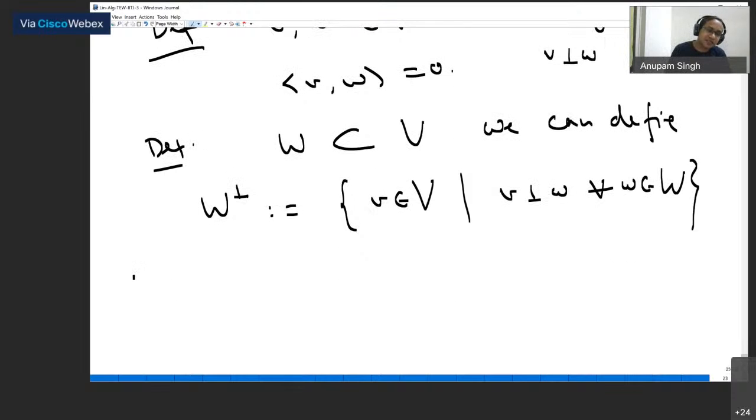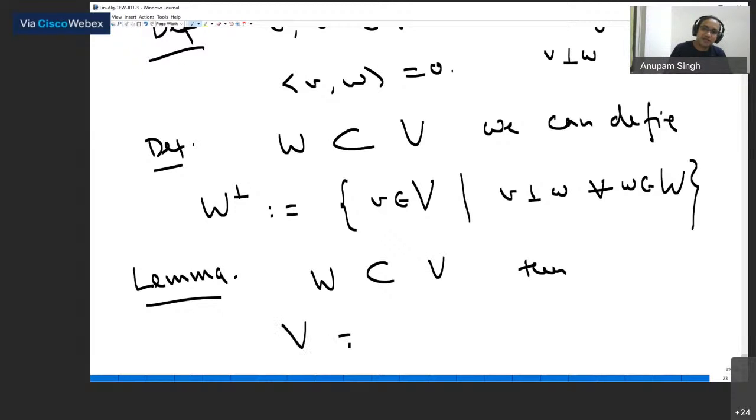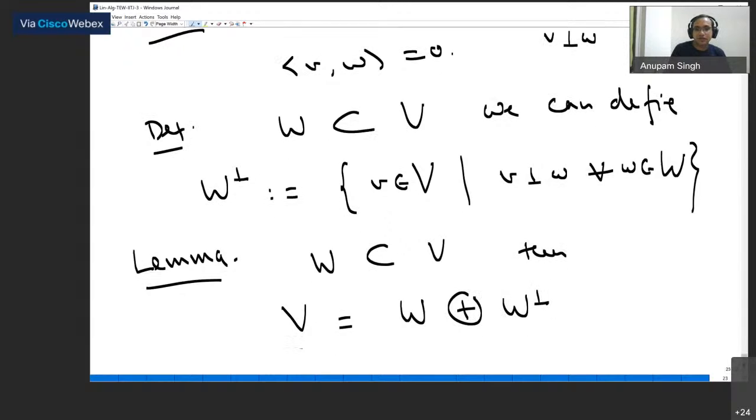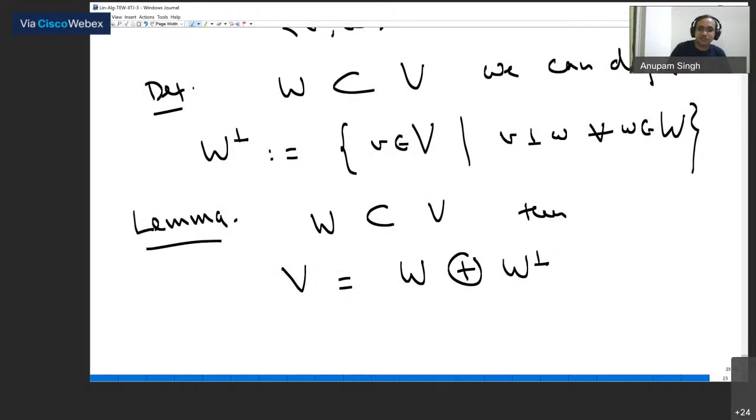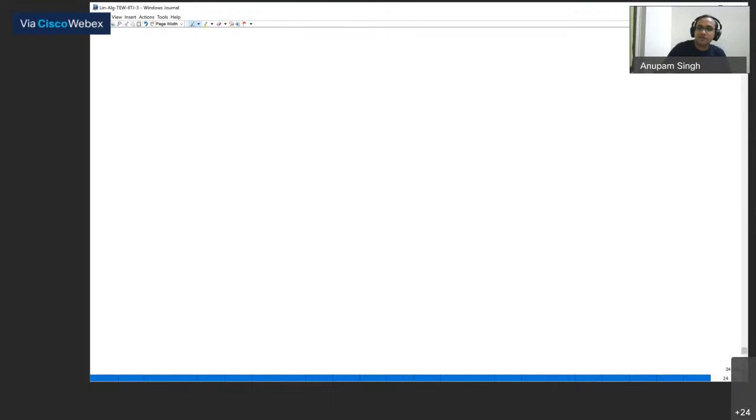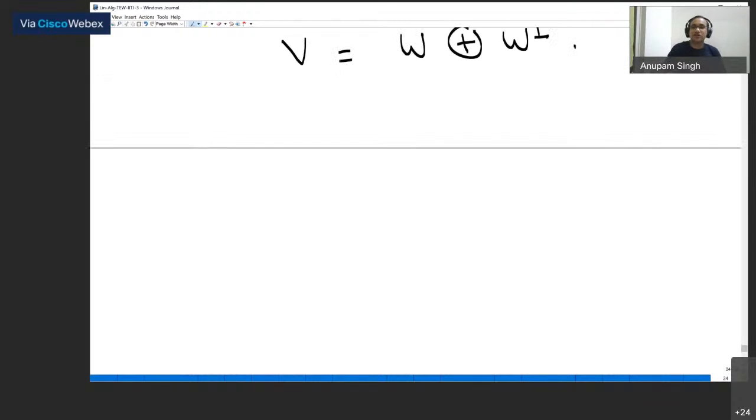It's an exercise or lemma. Maybe I'll leave it as an exercise that if I take W a subspace of V, then I can write V as W direct sum W perpendicular. This happens for the inner product spaces we have chosen, but this lemma may not be true if you are working with a general version of symmetric bilinear form or Hermitian form, which I defined.